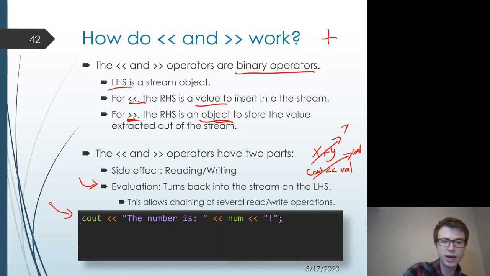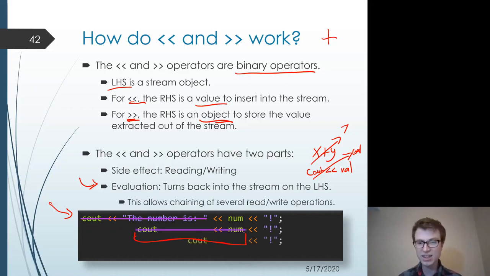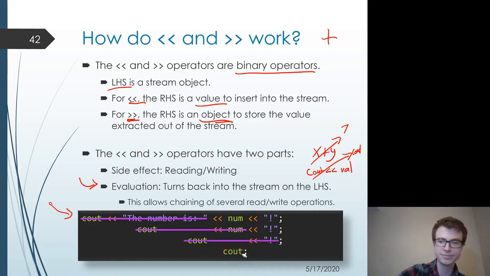If we're looking at this binary operator here, it's got a left-hand side, which is cout, and a right-hand side, which is this string, then that whole piece is going to evaluate back into cout, which means then that cout gets paired up with this next piece of output, and that thing evaluates into cout, and then that cout gets paired up with the next output, and so on, which allows us to do multiple different cout operations on the same line.